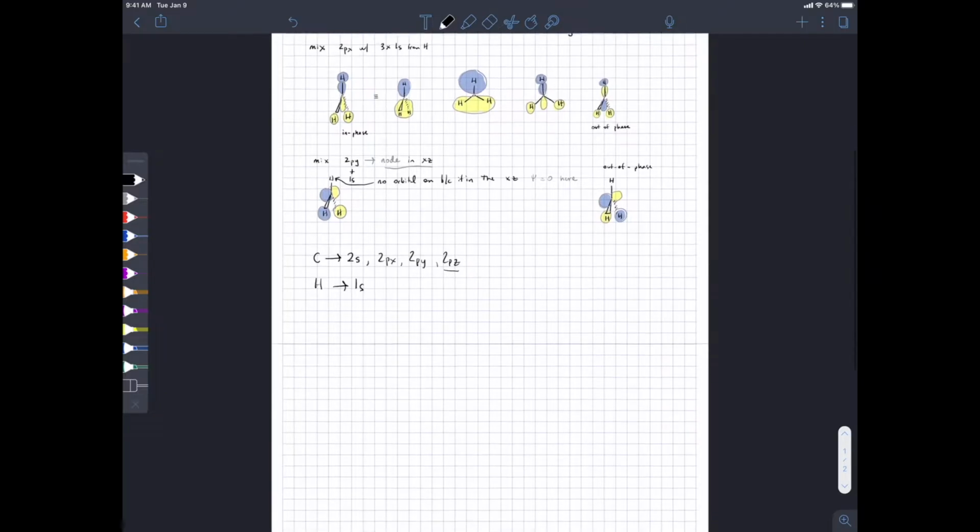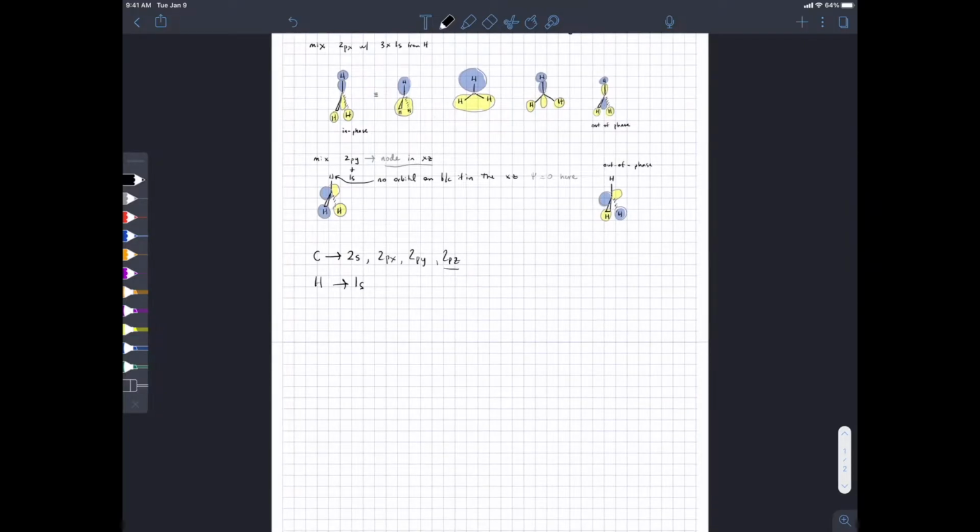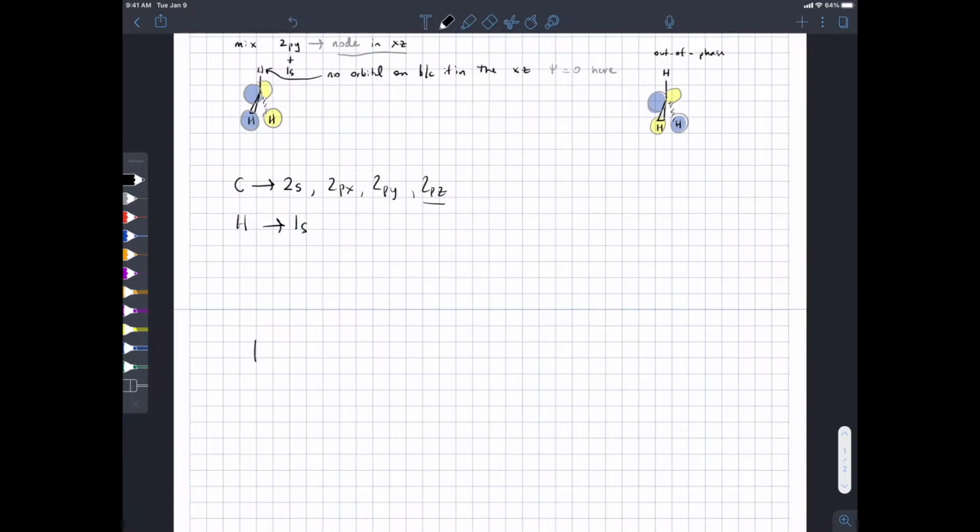So let's draw what it looks like when we try to make a molecular orbital out of that 2pz orbital using trigonal planar methane. So remember our coordinate system x, z, and y. The 2pz orbital is going to be oriented along the z-axis.